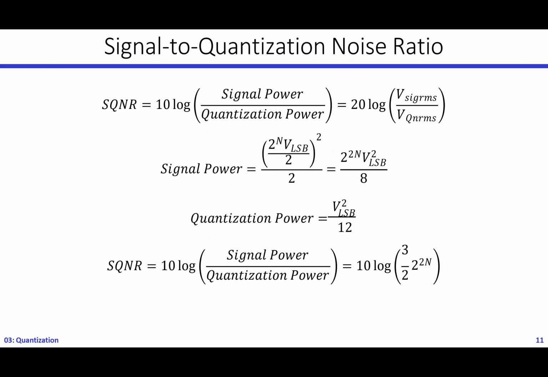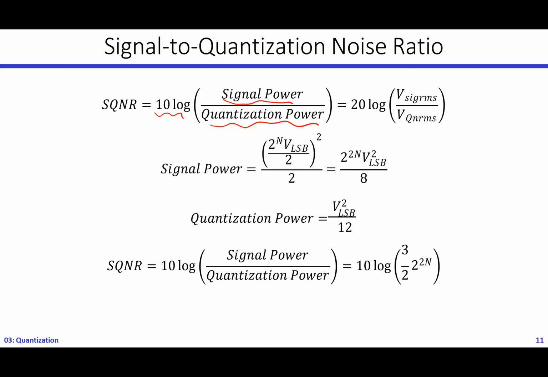And why do I want to find the RMS value of the noise? So I can find an important quantity to identify the quality or the performance of my ADC, which is the signal to noise ratio, or signal to quantization noise ratio. I'm sure you have heard of the SNR; the SQNR is the signal to quantization noise ratio, and basically it's 10 log of signal power over quantization noise power.